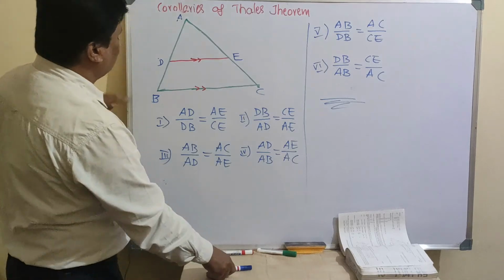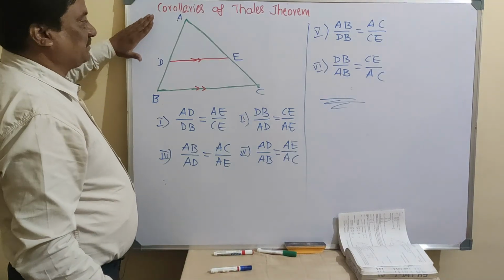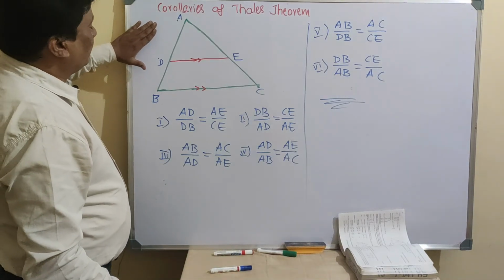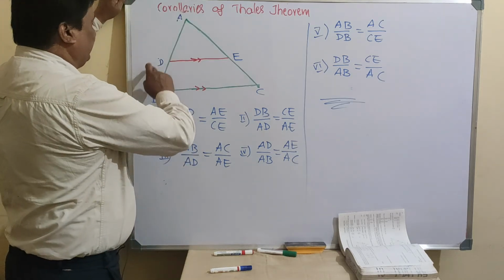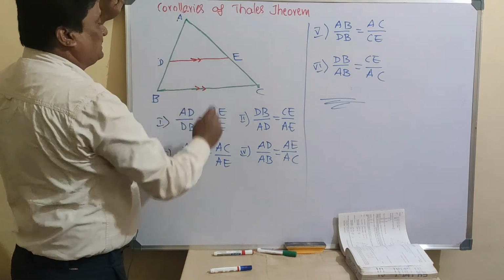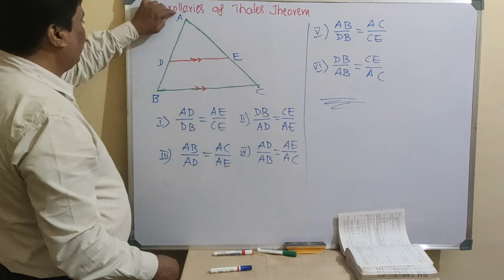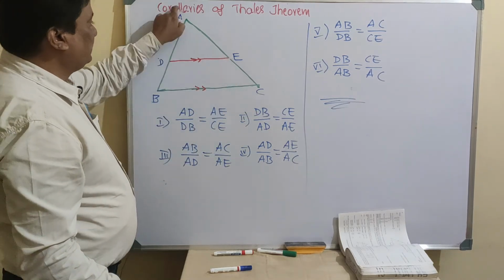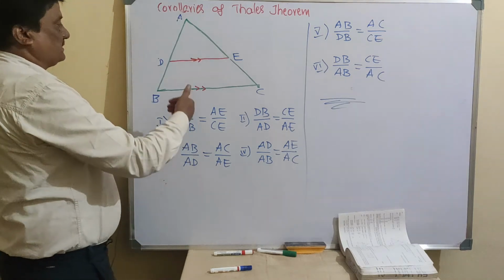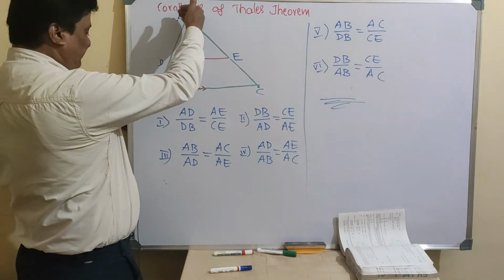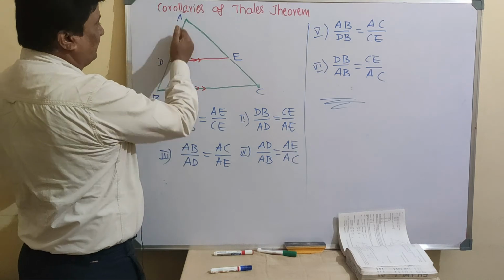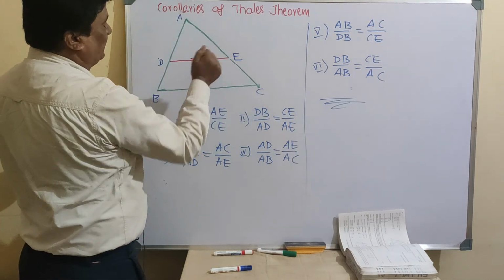I will explain once again. As per the statement of basic proportionality theorem, we can write AD by DB is equal to AE by CE, and its reciprocal DB by AD is equal to CE by AE. Next, the corollaries: AB by AD is equal to AC by AE.